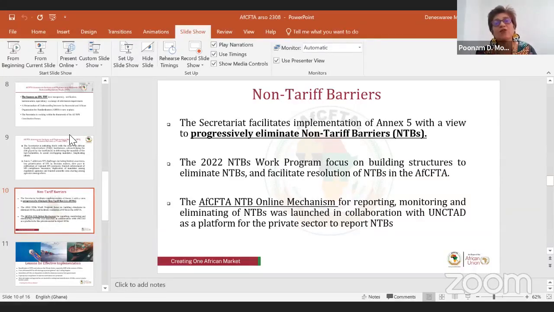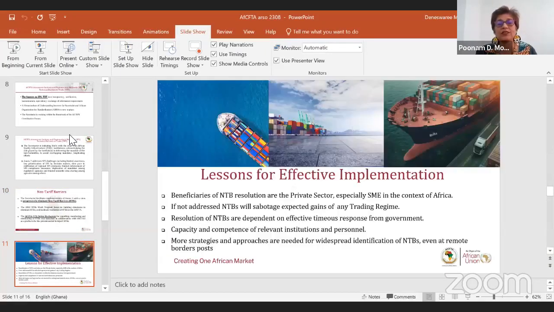We now have all these tools in place that can help you trade, and I would really invite you to use them. These tools are for the private sector to use, especially SMEs. We encourage you to use them because non-tariff barriers are the ones that sabotage whatever gains you can make within your trading system.